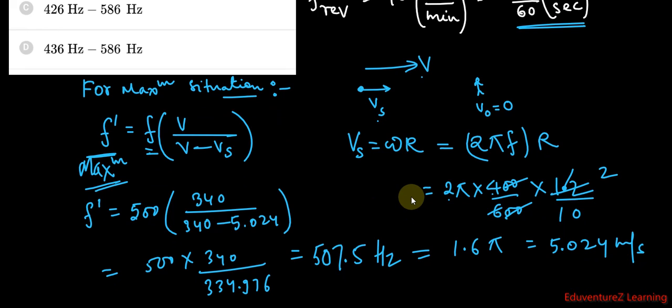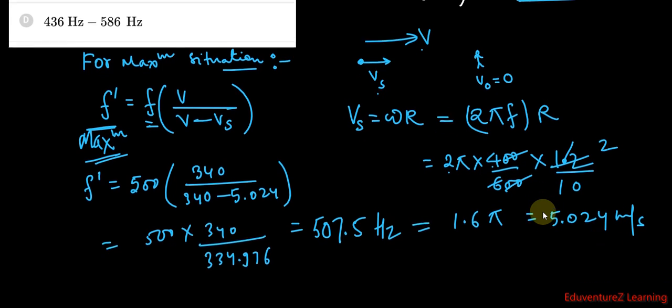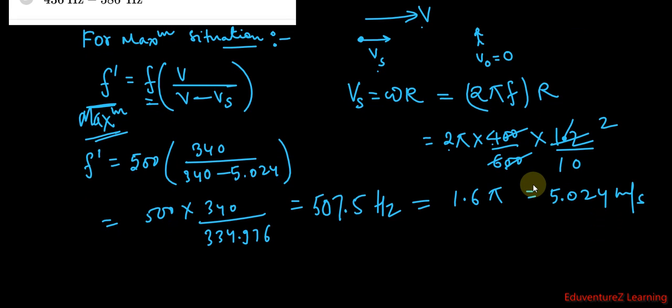I think the calculation error is here. So 2 into pi, okay, 400 upon 60, yes, there is a calculation error. Here not 600, it is 6. So both zeros are cancelled out and it is 1.6 pi, it will be 50.24.